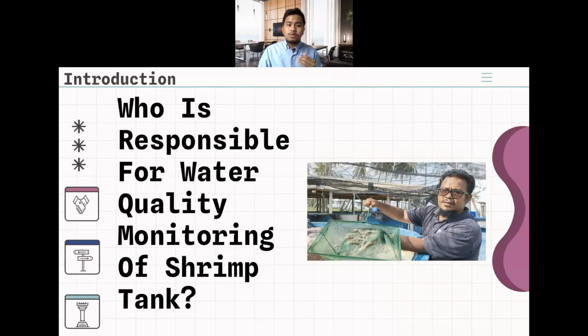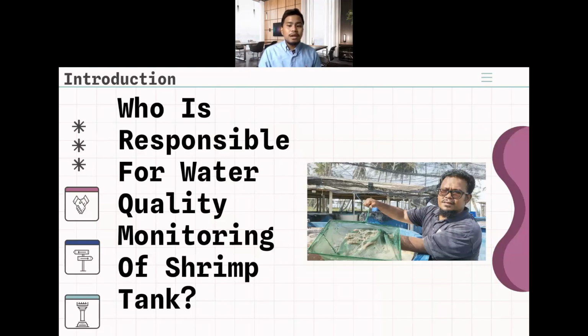Okay, for the next slide: who is responsible for water quality monitoring of the shrimp tank? The responsibility for water quality of the shrimp tank lies with the shrimp farmer or aquaculture facility managers. They are accountable for ensuring the optimal conditions necessary for the health and growth of the shrimp.